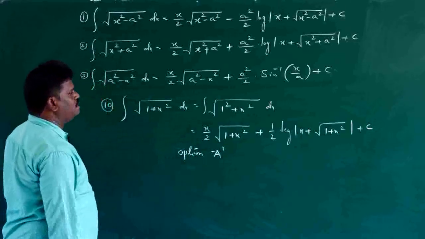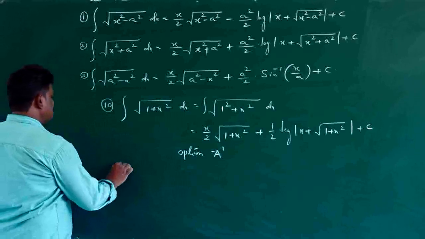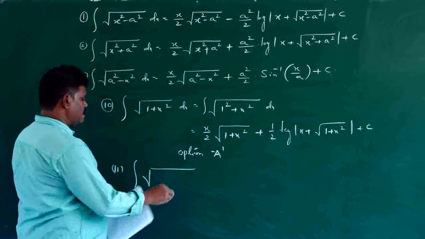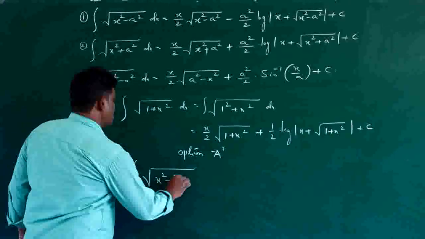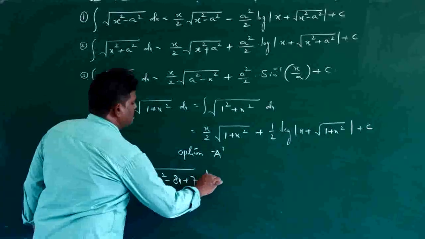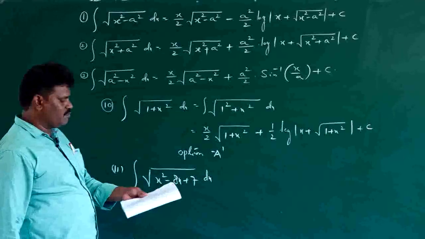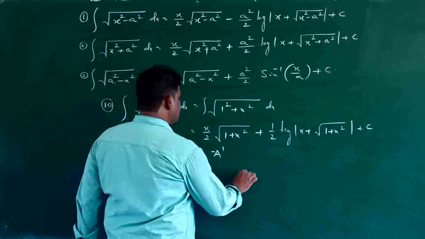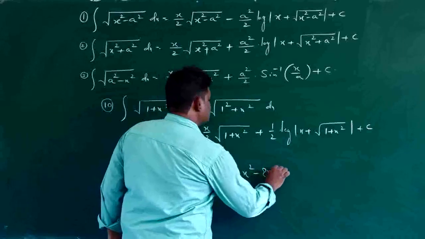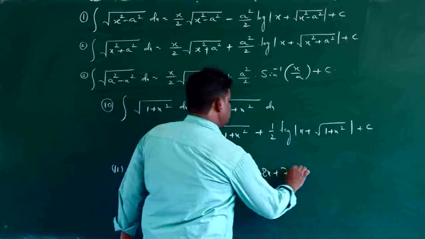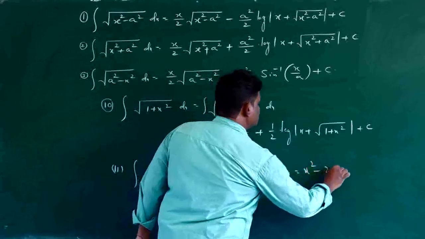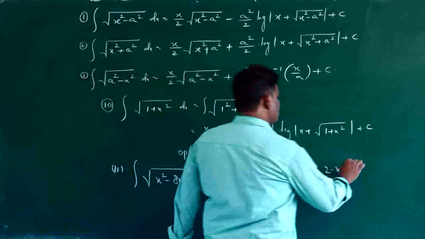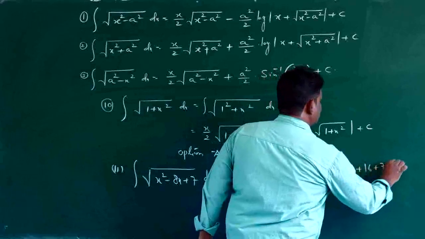Option A. And similarly the 11th one is given, the 11th bit: integral of square root of x² − 8x + 7 dx. I have already explained this type of problem. First, x² − 8x + 7 is equal to x² − 2 into x into 4; then if we add 16, it is 16 + 7 − 16.